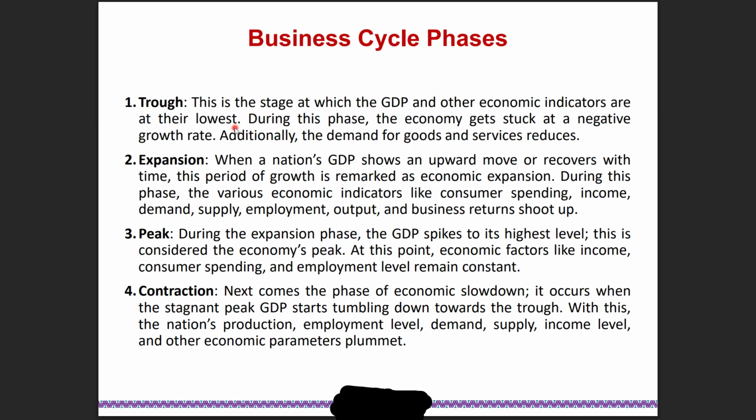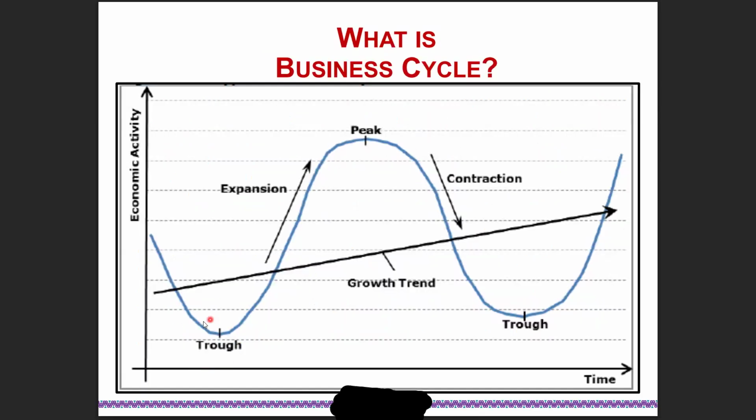So production is decreasing, and we have low employment and a high unemployment rate. During this phase, the economy gets stuck at a negative growth rate. Additionally, the demand for goods and services is reduced, obviously, because people are retrenched from work and don't have money. So here we have a negative growth rate and economic activities are declining, right?